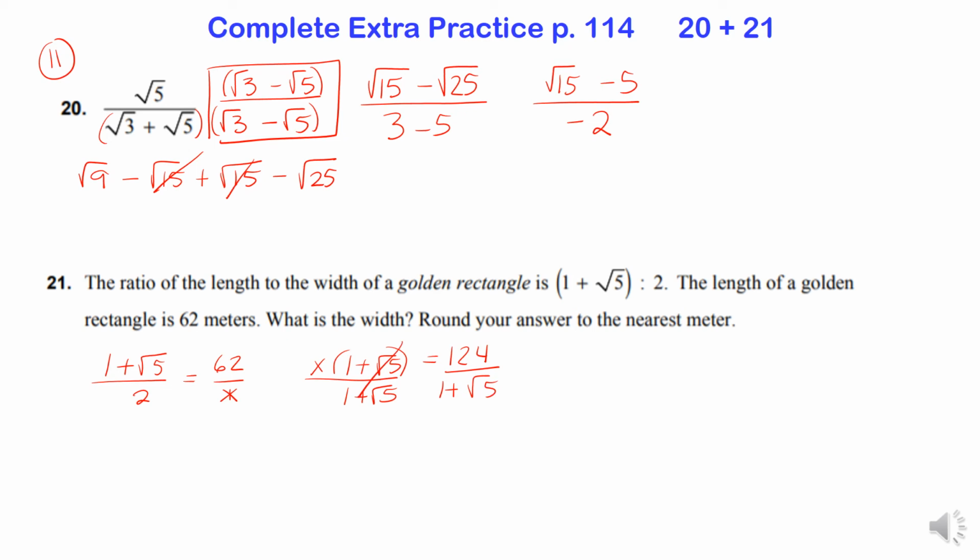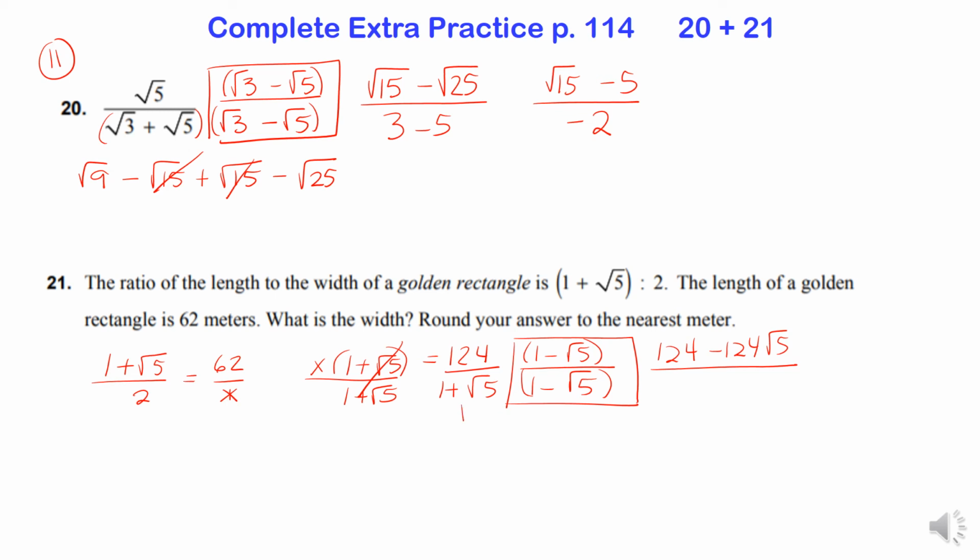So now I need to simplify this. So I could just find the values now, but I'm going to go ahead and simplify. So 1 minus square root of 5, 1 minus square root of 5, and I get 124 minus 124 square root of 5 over 1.